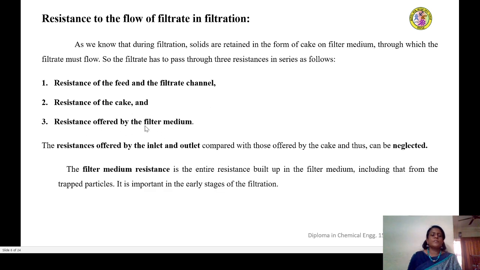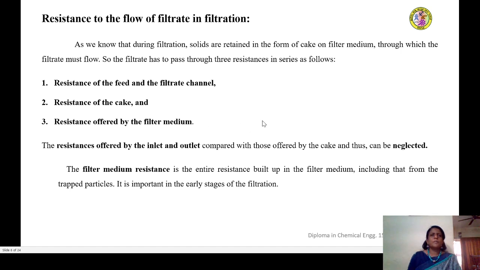When we say the filter medium resistance, it is the resistance offered by the filter medium and also some of the solids that get entrapped inside the filter medium during the early stages of filtration. In the initial stages, when the filtration starts, the initial layer of the solids that are separated will block the pores of the filter medium, which means that they get trapped in the filter medium.